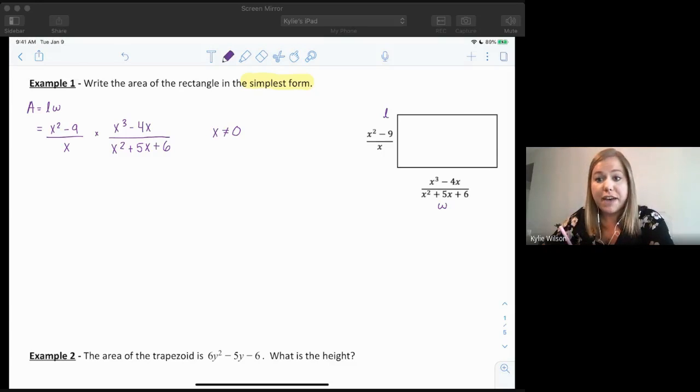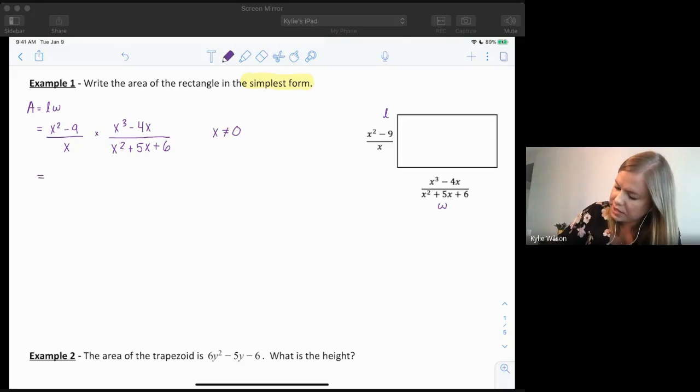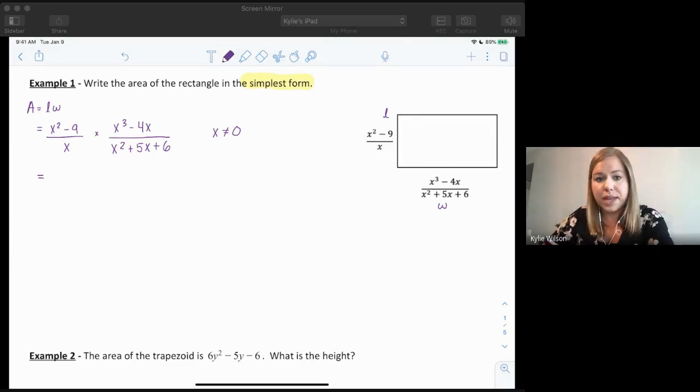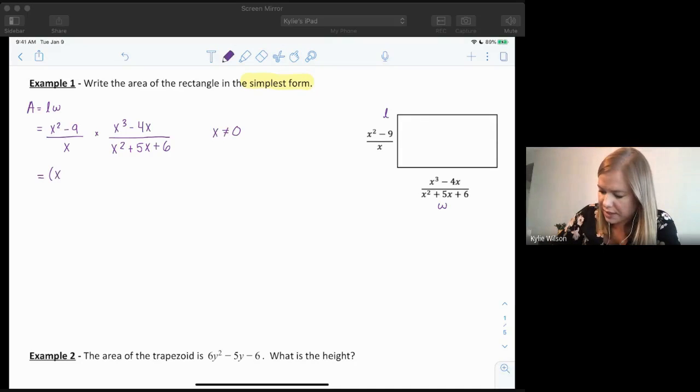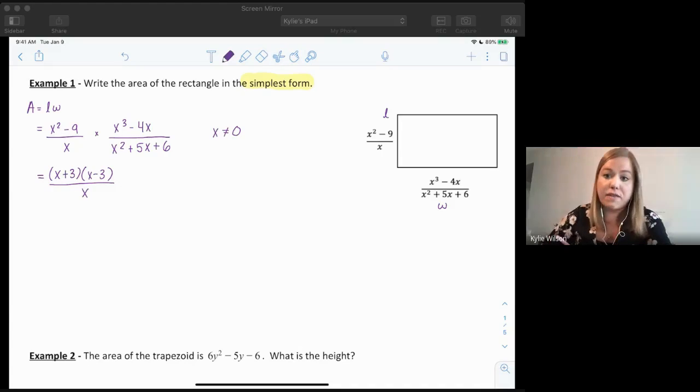Next, I'm going to factor everything I can factor. So I'm going to check each numerator and each denominator to see if I can factor anything. So my first numerator, x squared minus 9, is a difference of squares. So that factors to x plus 3, x minus 3. And our denominator x cannot factor anymore, so we just leave it as x. Then all of that is multiplied by our numerator, x cubed minus 4x.